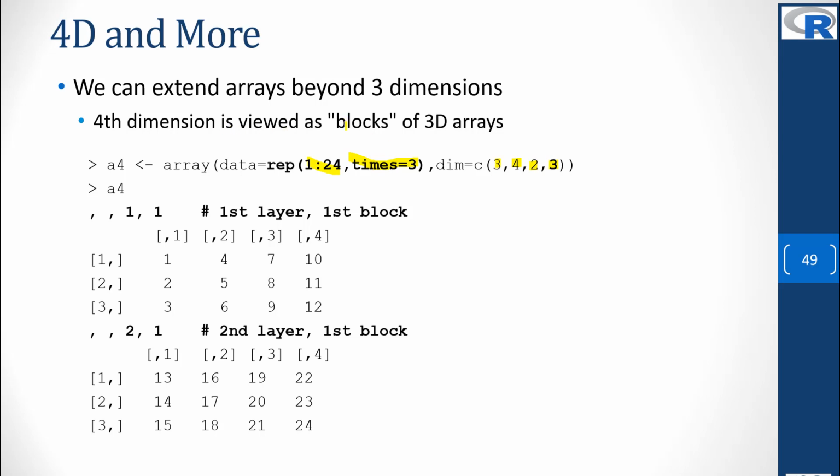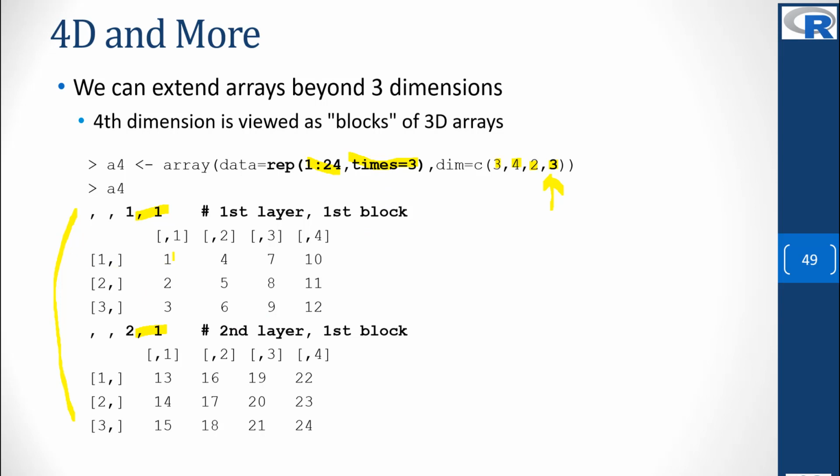So the fourth dimension here, we're using the term blocks to describe that. And so this is our previous result, the 2 slices with the 3D array, but you notice we've added another dimension here. It's the first block. So these 2 slices of data comprise the first block of the 3 blocks that we're going to be providing.